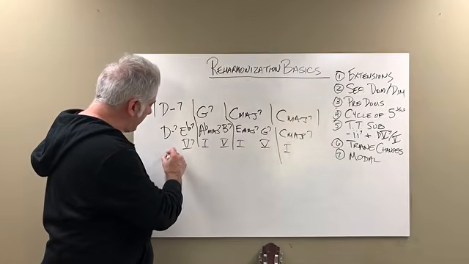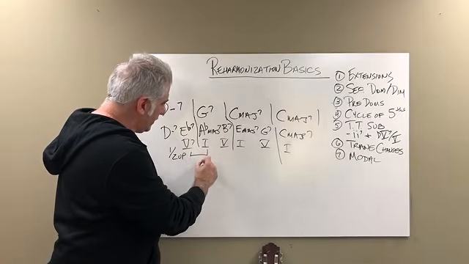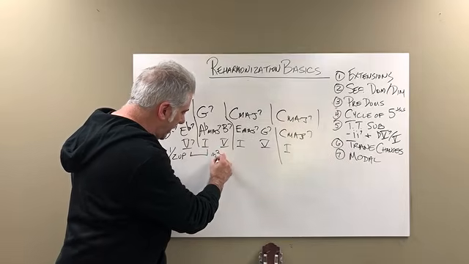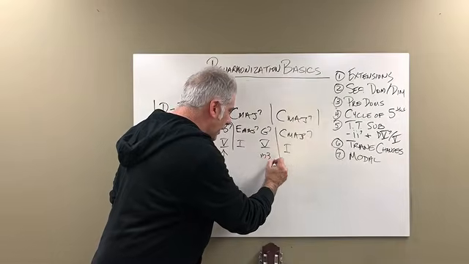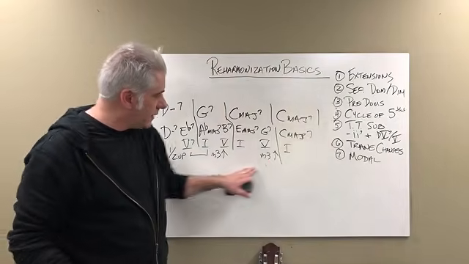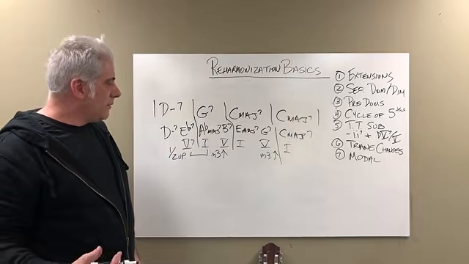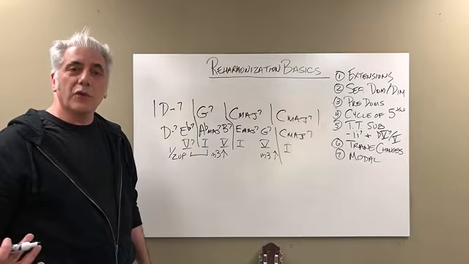So it's up a half step up here, 5 1, minor third up, 5 1, minor third up, 5 1. Okay, that's the Coltrane changes there. It's actually pretty simple. You just have to know those intervals of how to move between them. That's how that chord progression works.